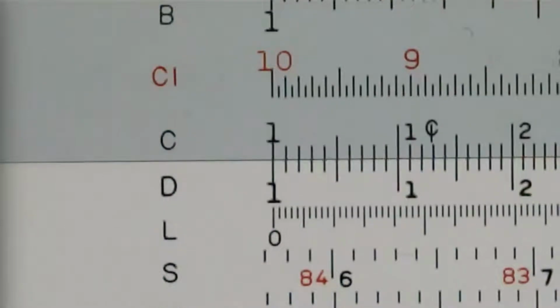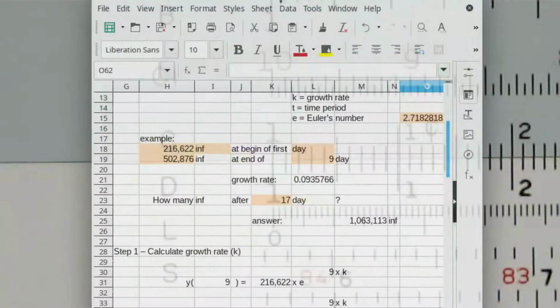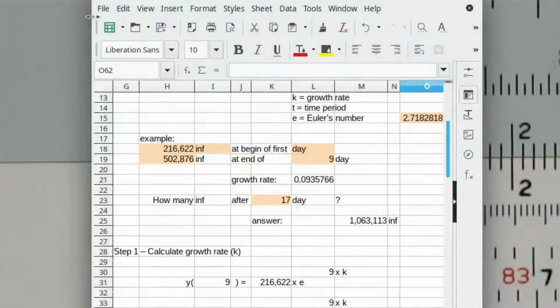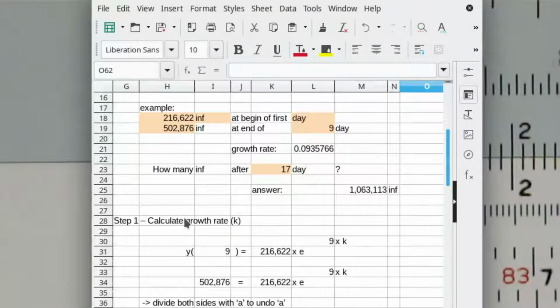So the C and the D are pretty much the same. There's a few other markings on there, but they are normal logarithmic functions, a logarithmic scale from 1 to 10. The way to use that, we'll just show you as we go. So first of all, we need to see how we can get the growth rate number.